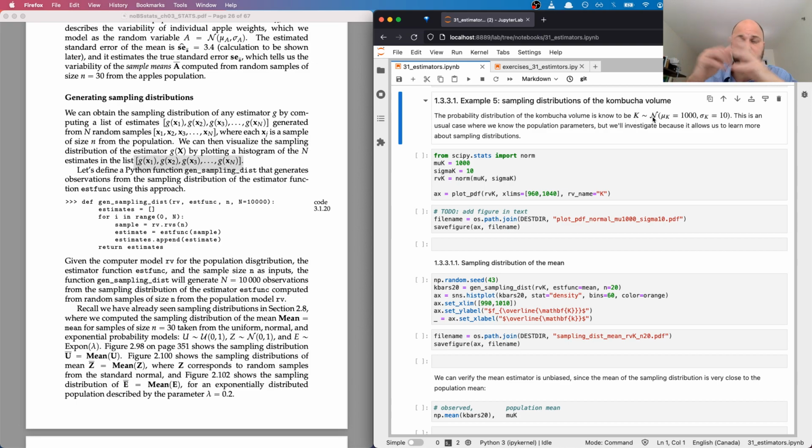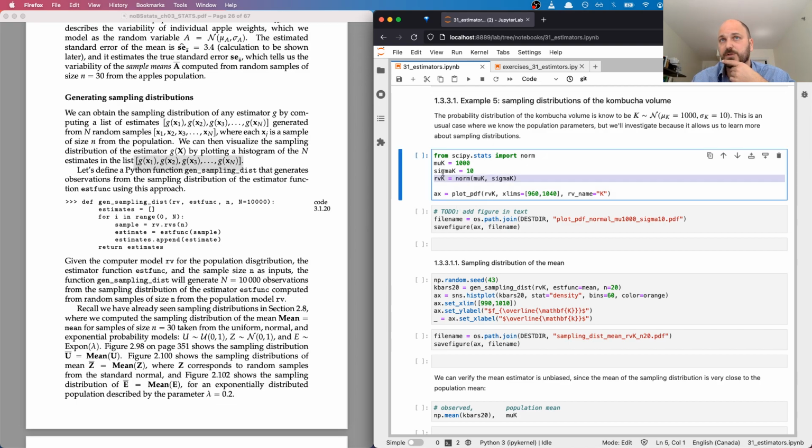But because of the bubbles, sometimes you're going to get a little bit less volume and a little bit higher volume. So we want 1,000 milliliters, that is 1 liter, but there's some variability in the volumes of the kombucha. And this model here, the random variable k, describes the average volume you can expect and the variability of the volumes.